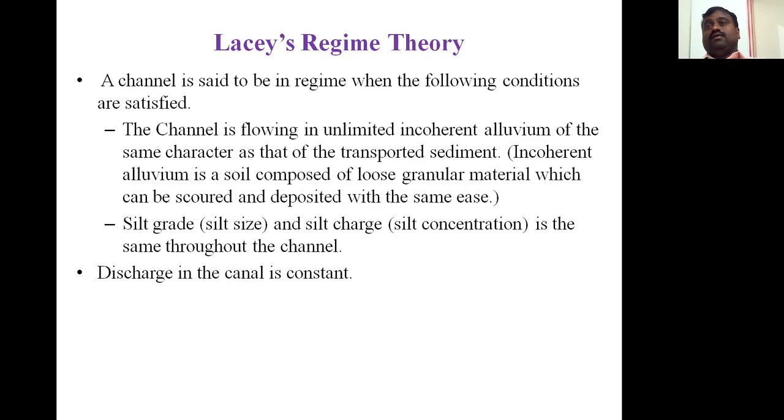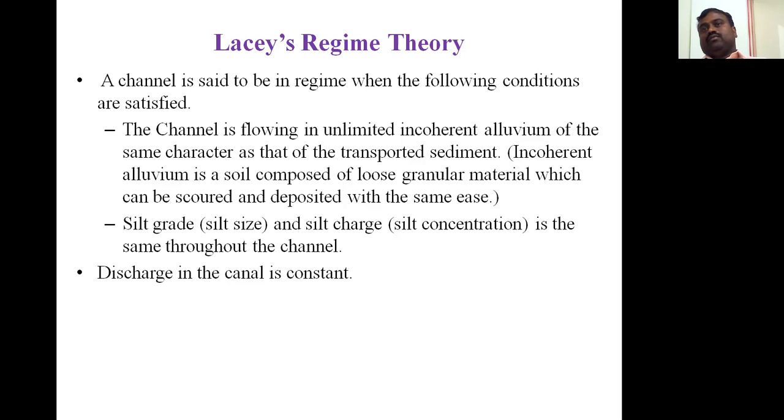He defined the channel in two states of flow, as the initial regime state and final regime state. He defined that a channel is said to be in regime state when, number one, it is flowing in unlimited incoherent alluvium of the same character as that of the transported sediment.